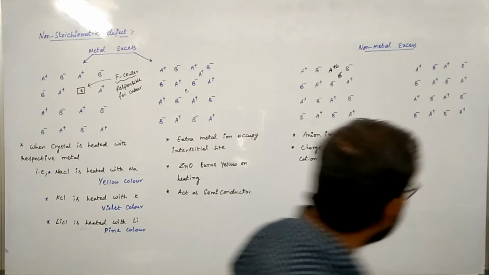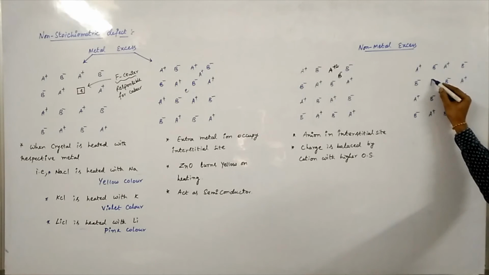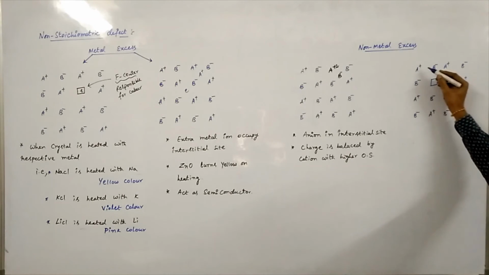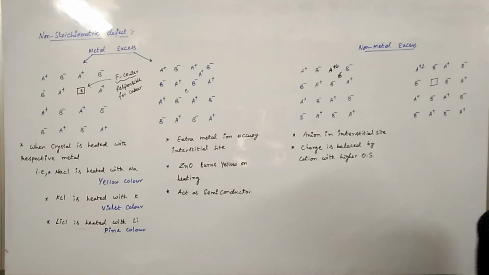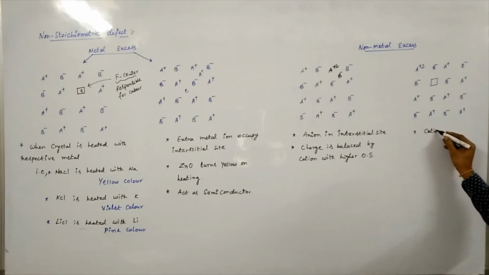So this. Next step. Cation is missing and charge is balanced by higher oxidation state of cation in the nearby site. Yeah. Cation missing.